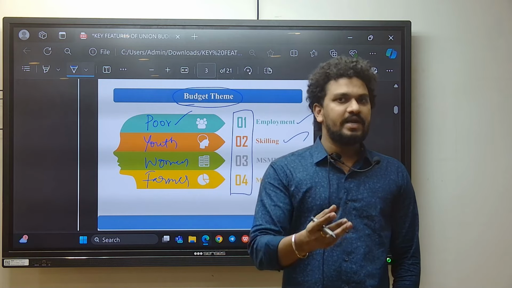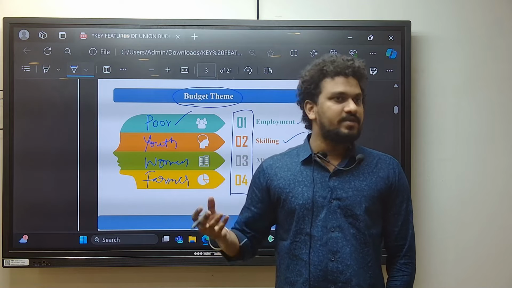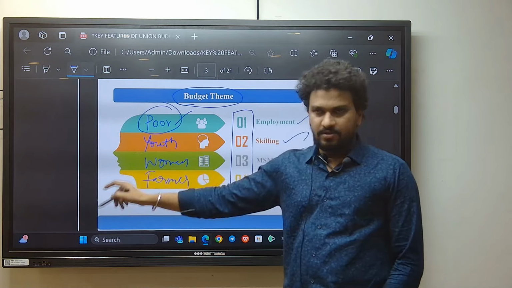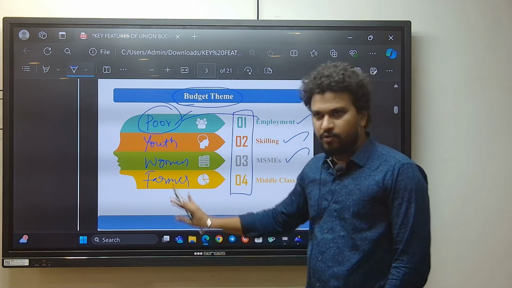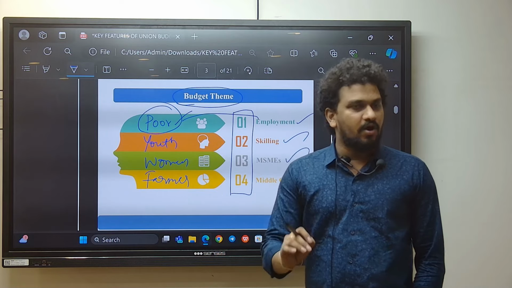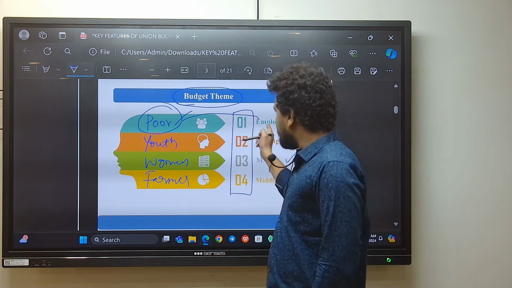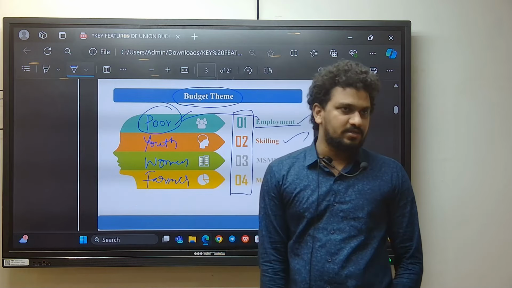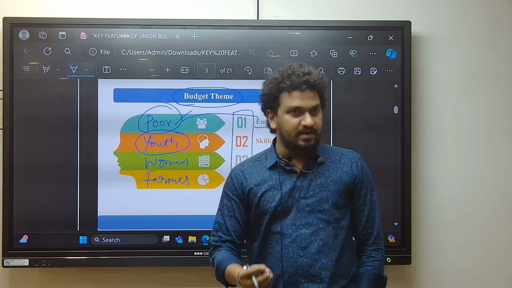Only if you provide employment to them can the standard of living of these poor people be changed. So employment can be directly interlinked to the poor. Poor people require employment. If you provide them with certain employment facilities, obviously they can be brought out of their poverty. So you can interlink this theme of the budget, employment, with how it is addressing the poor sections of the society. Similarly, you also have to harness the demographic dividend.